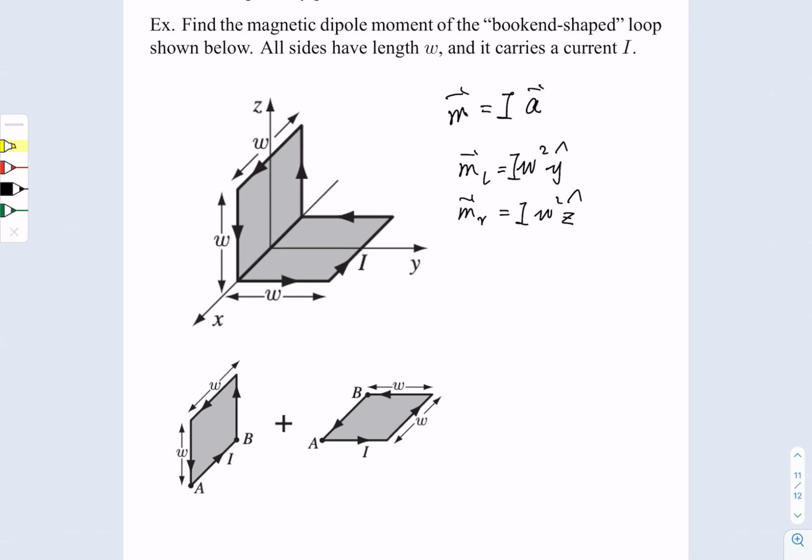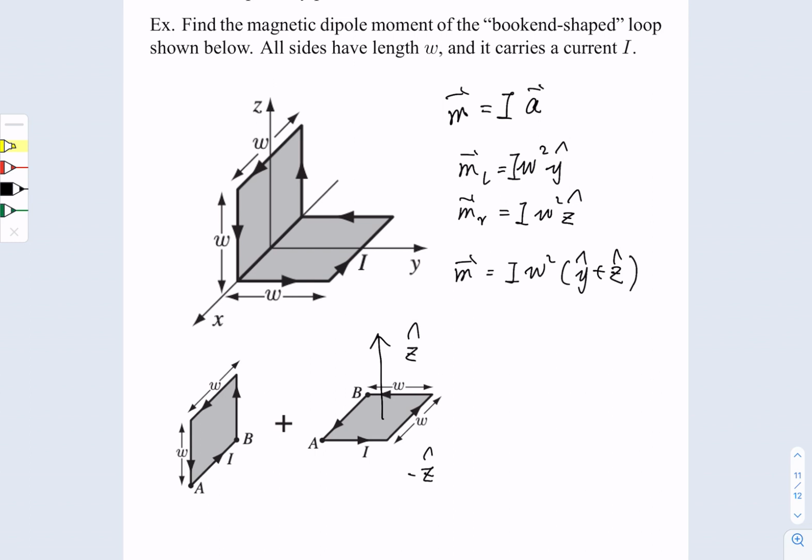So the total M should be along the direction of the sum of these two. You also need to note that the direction of the surface is important. You have to be aware that the direction is along the z-axis instead of the minus z-axis.